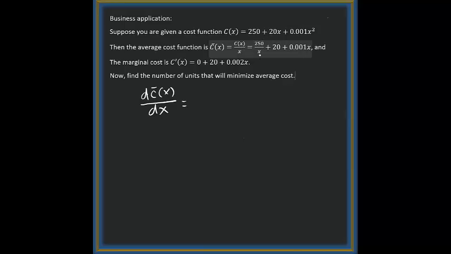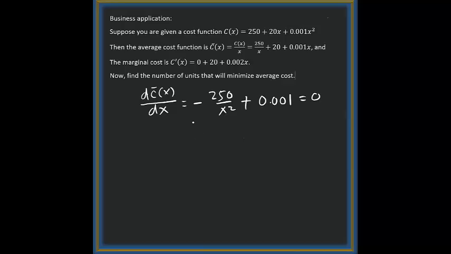You understand 250 over x will give you negative 250 over x squared. The constant 20 goes to 0, plus the derivative of the last term will be 0.001. Now we need to set this equal to 0 and solve for x.